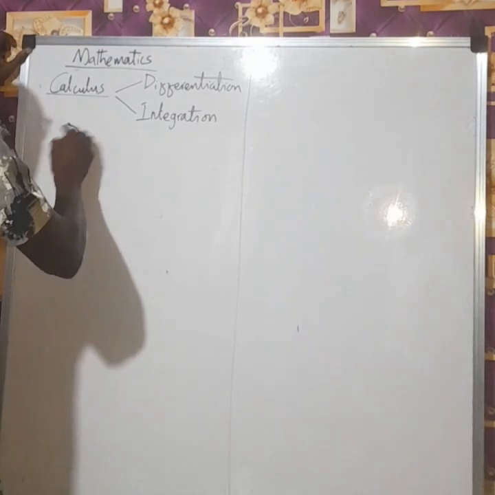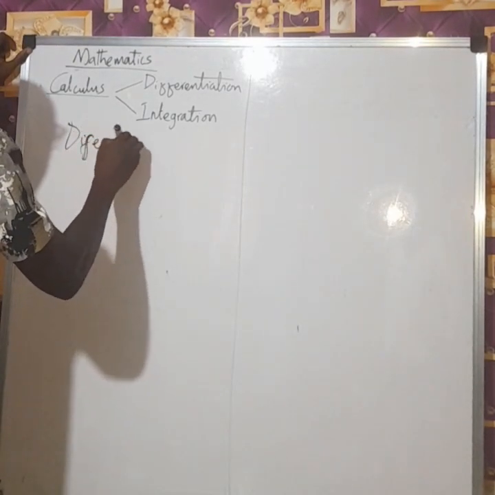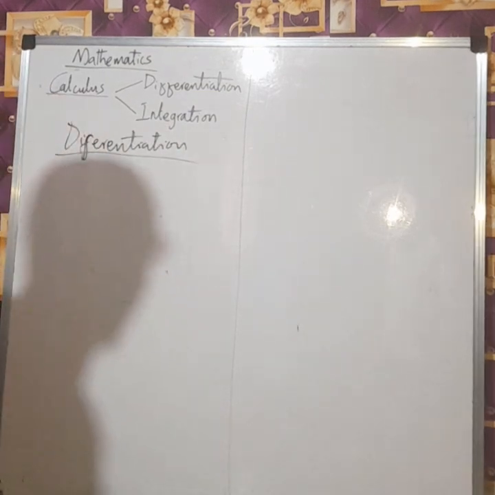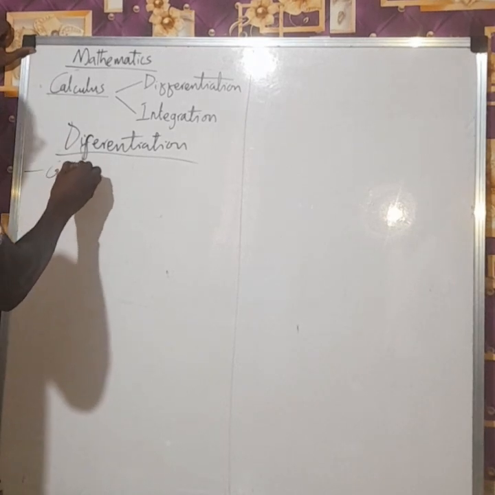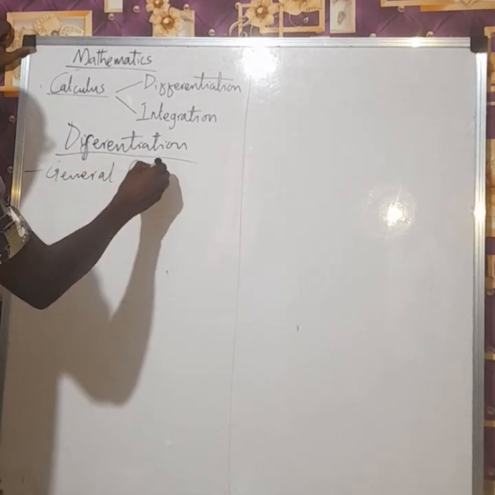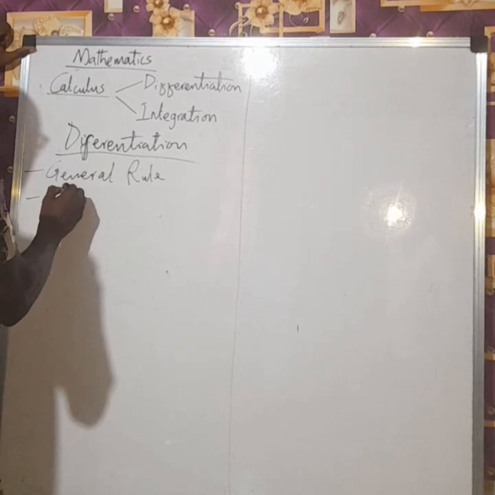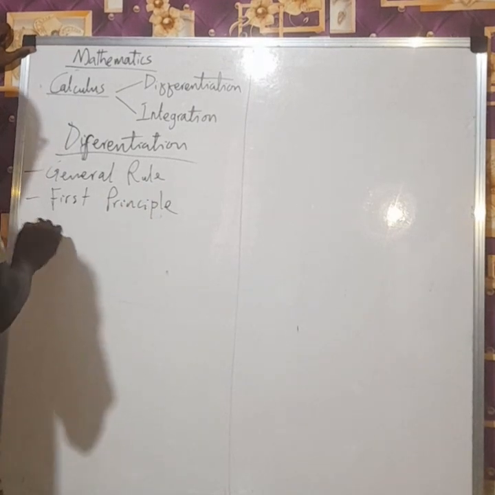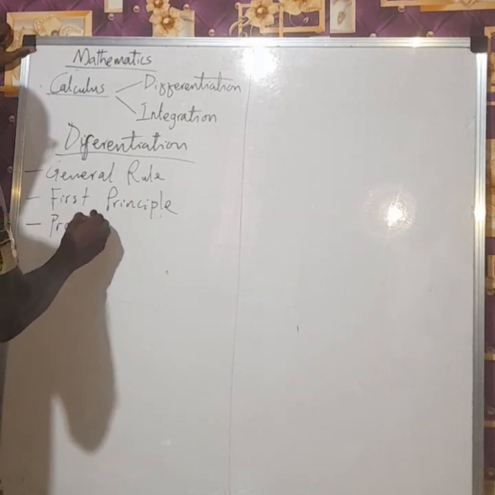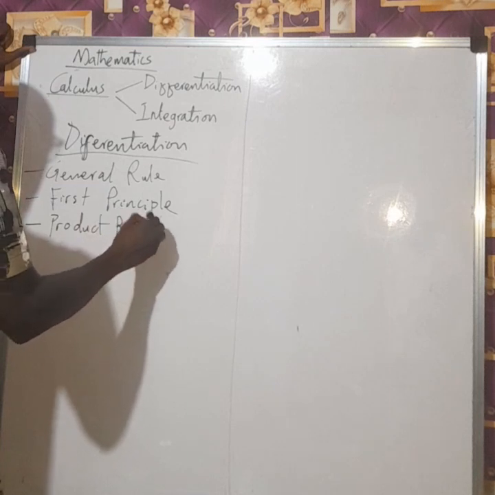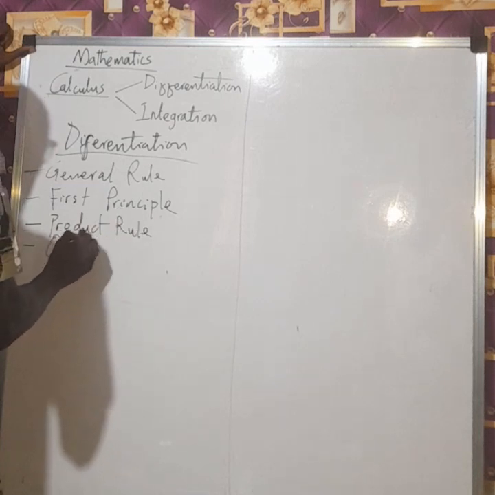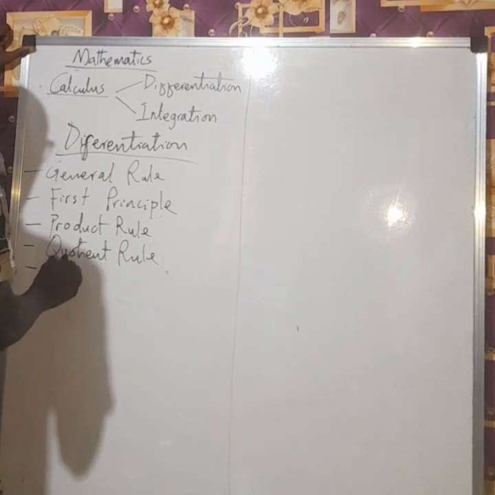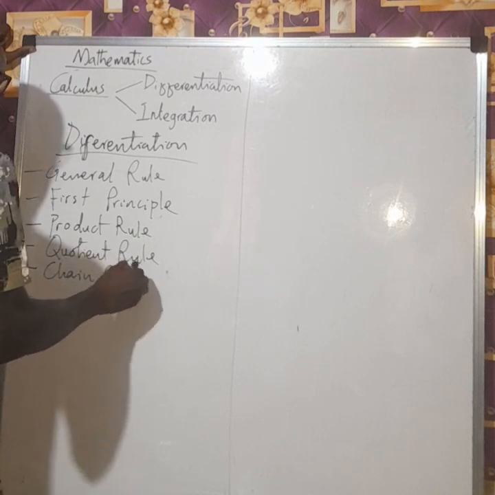For differentiation, we have some rules that we're going to look at: the general rule, the first principle, the product rule, the quotient rule, and the chain rule.